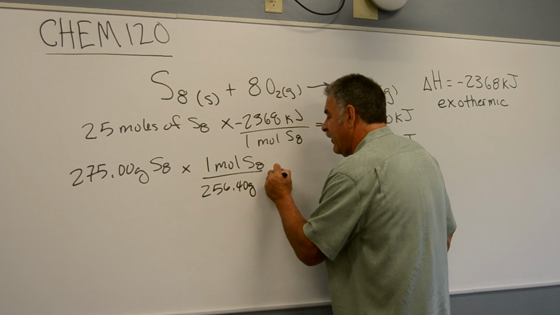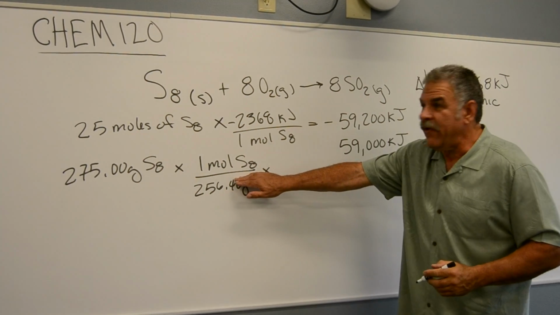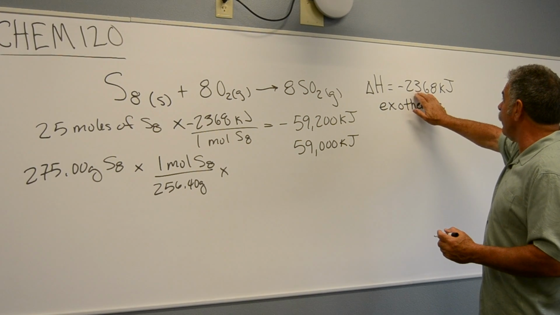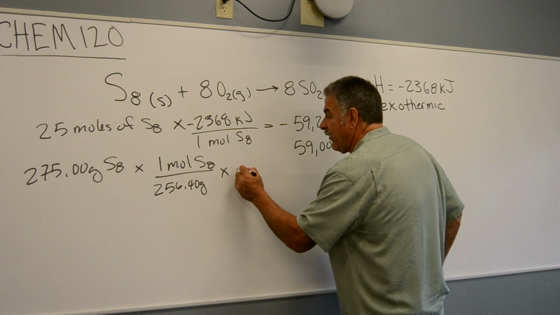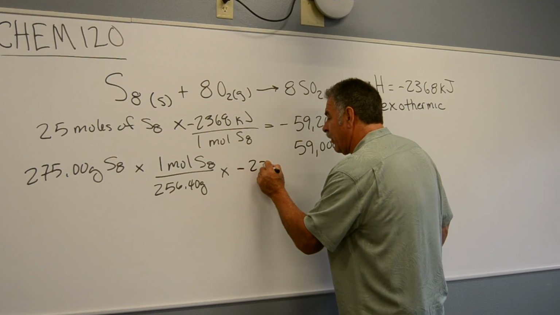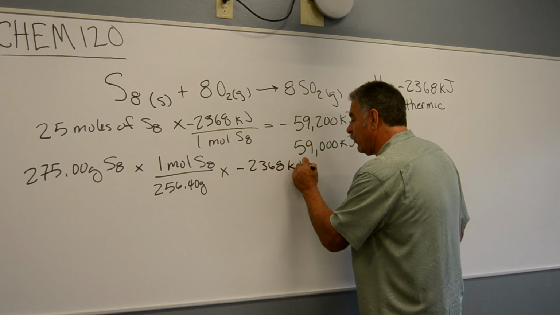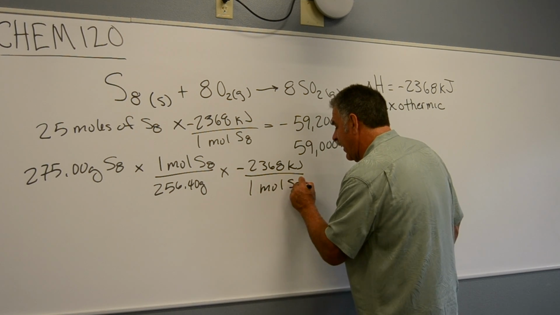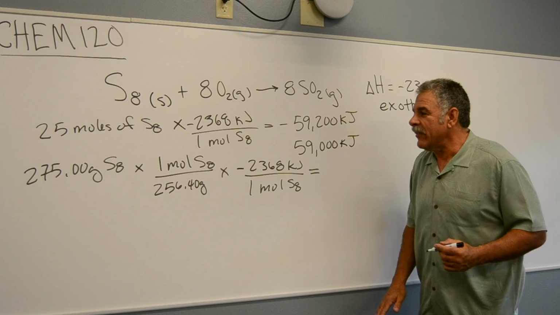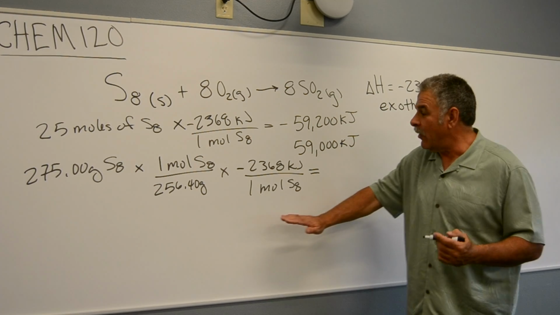grams. Now that we're in moles of S8, we come right back up to our other conversion factor, the delta H, 2368 kilojoules per 1 mole S8. So let's do the calculation on this problem.